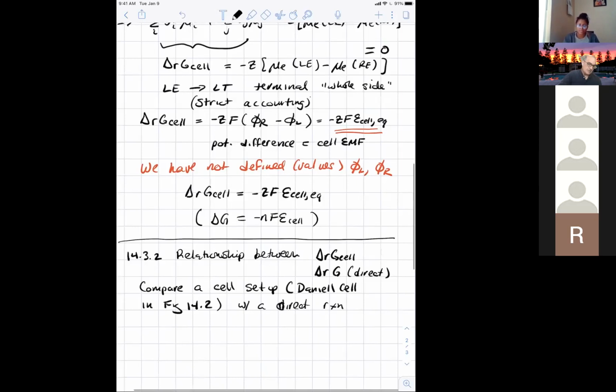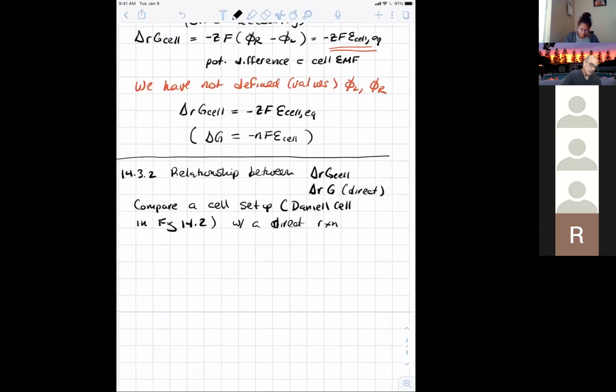And for the species in a Daniel cell, this would be zinc, copper, like you could just put some zinc, what do they call it? Mossy zinc, you know, those funny zinc pellets, mossy zinc and a copper plate and zinc sulfate solution and copper sulfate solution all in the same beaker.